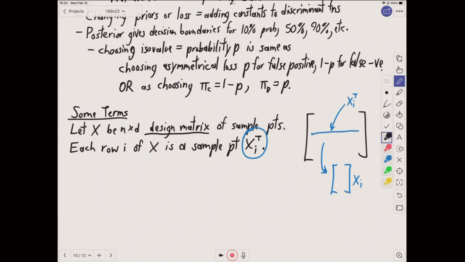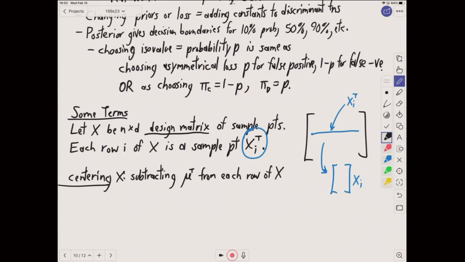Sometimes you'll hear someone talk about centering a data matrix. What does that mean? It means you compute the sample mean, or the mean for the class, as the case may be, and you subtract that from each row of the design matrix. That takes us from a matrix X to another matrix I'll call X dot.